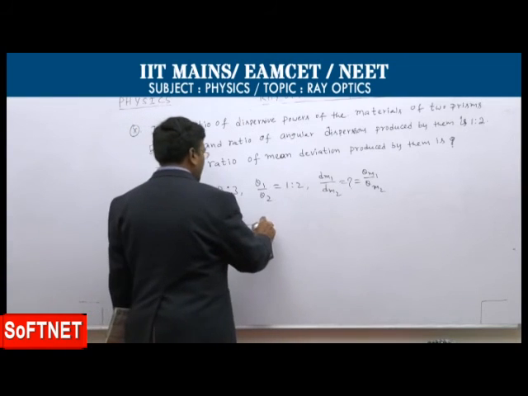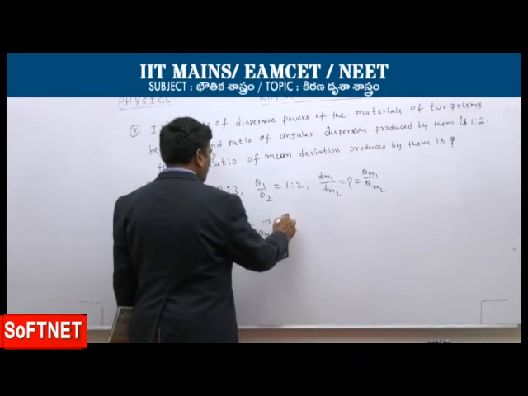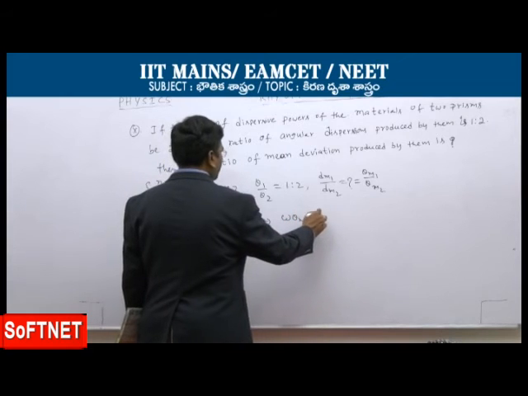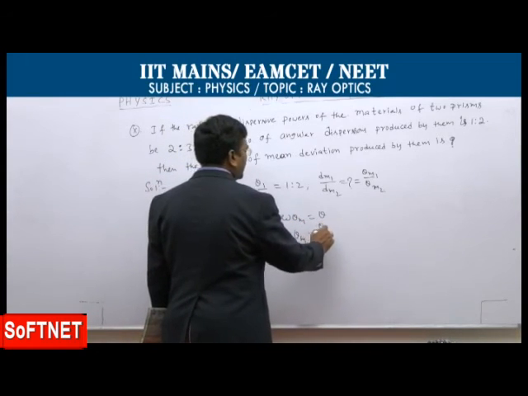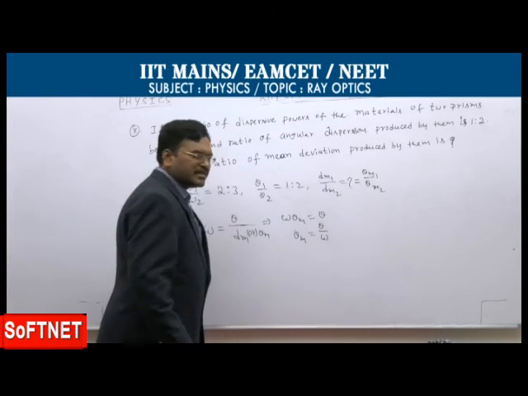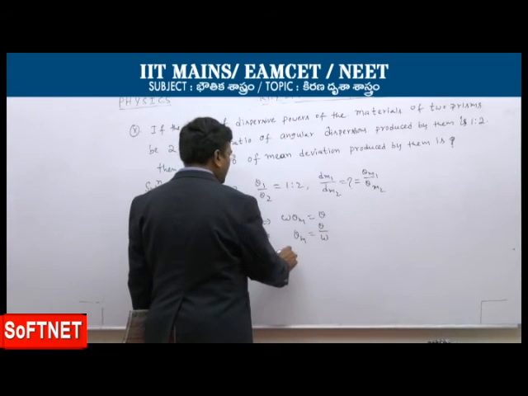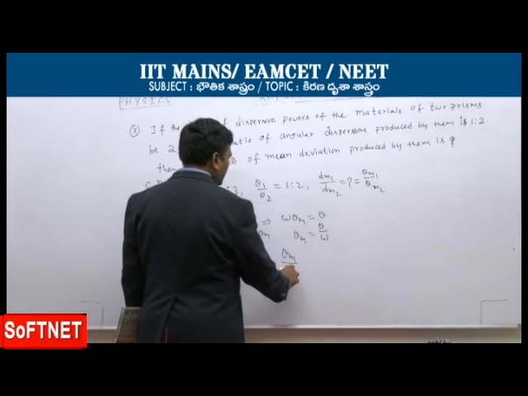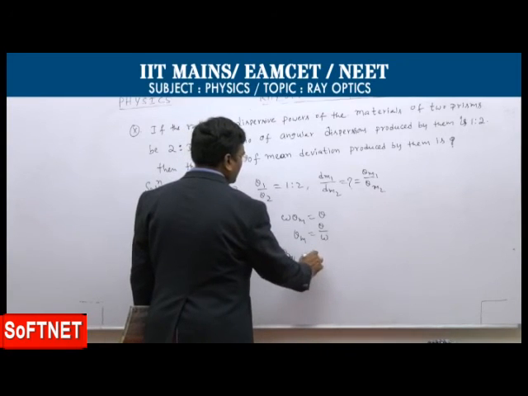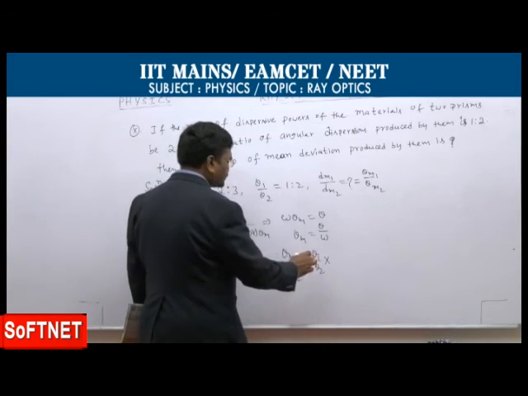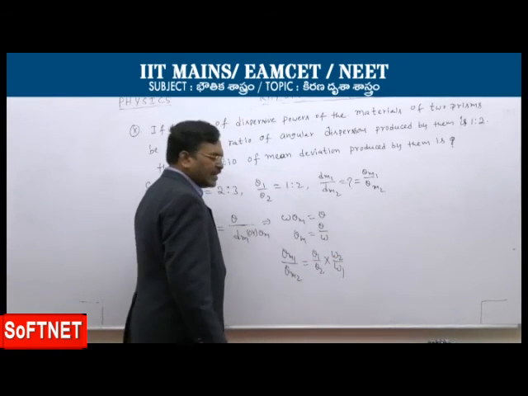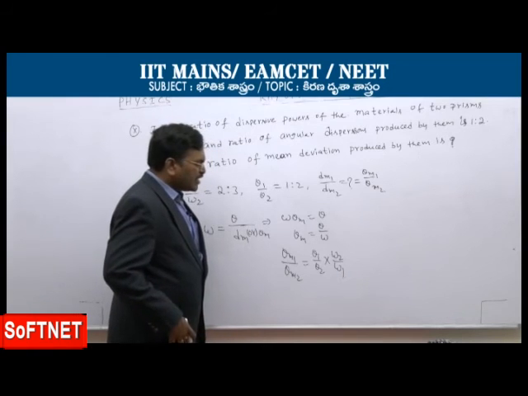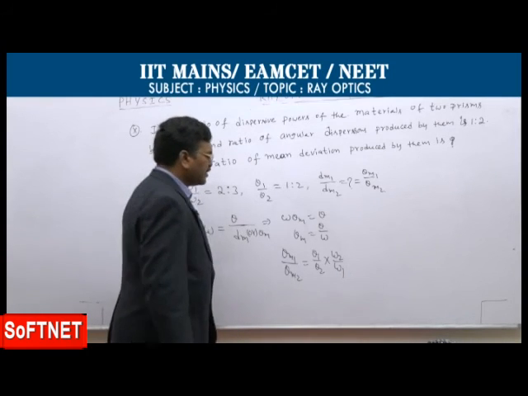From this, omega times theta m is equal to theta. So theta m is equal to theta by omega. Then theta m1 by theta m2 is equal to theta 1 by theta 2 into omega 2 by omega 1.